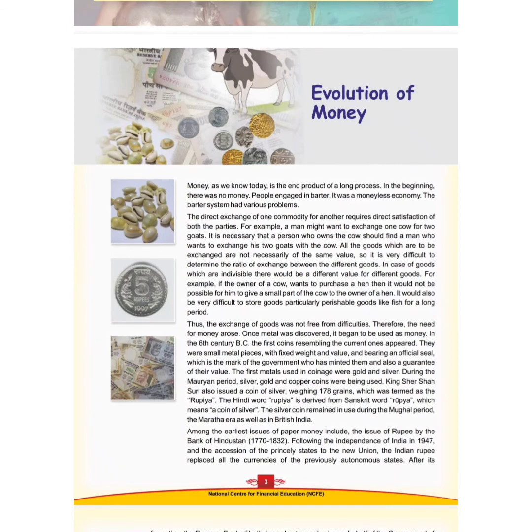So the goods are not necessarily of the same value; they might be greater or less. There would be a different value for different goods. The value of a goat is different, as is the value of a cow. So the values of commodities vary: the goat has one value, the hen has a higher value, or the cow has a higher value. We can see that there is a difference in the value of different things.